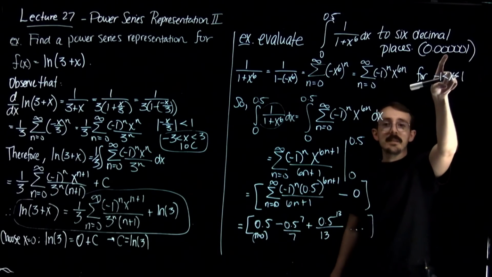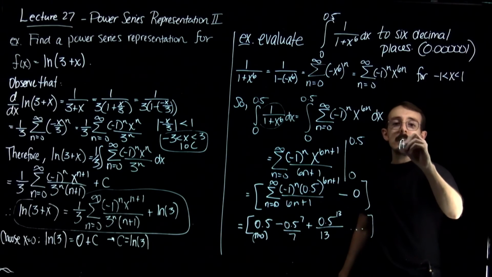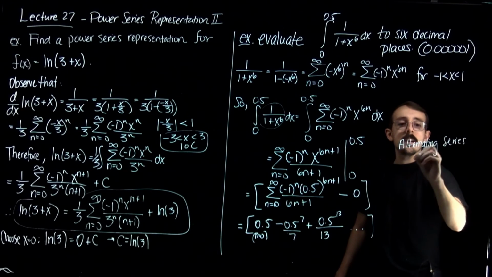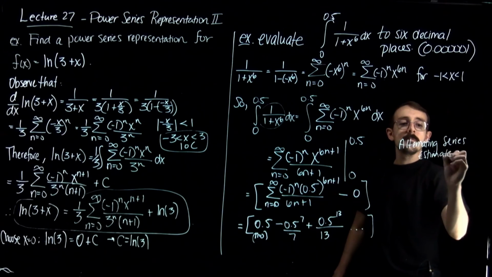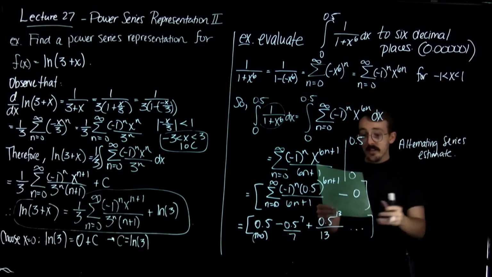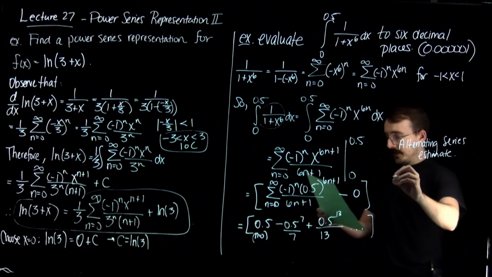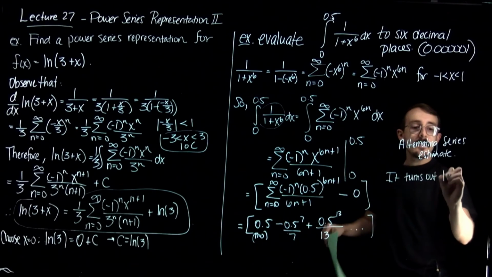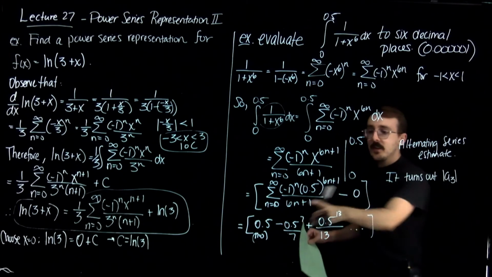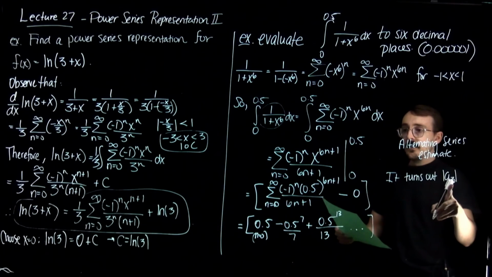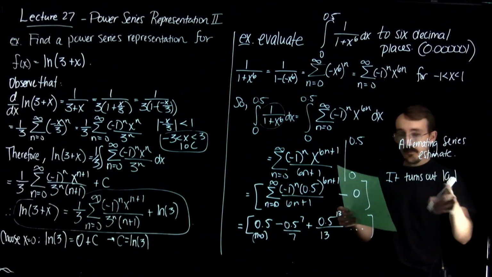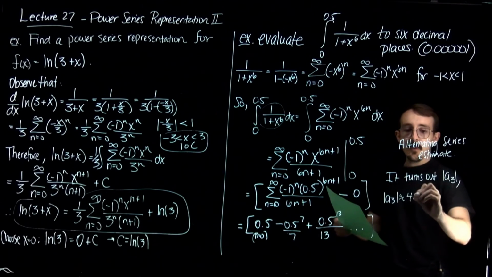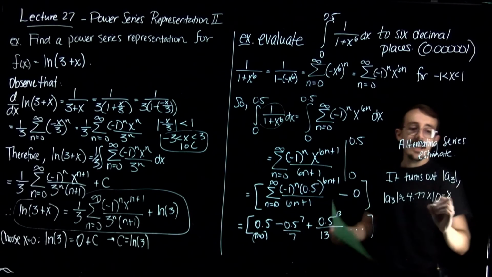However, I have to estimate within 6 decimal places. So I'll use my alternating series estimate to take care of that. So what I found here is, so I'll write it here, it turns out that the magnitude of A3, so when n equals 3, when you plug that in, that term is approximately 4.77 times 10 to the negative 8th.